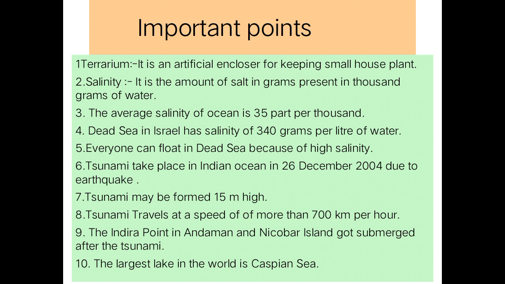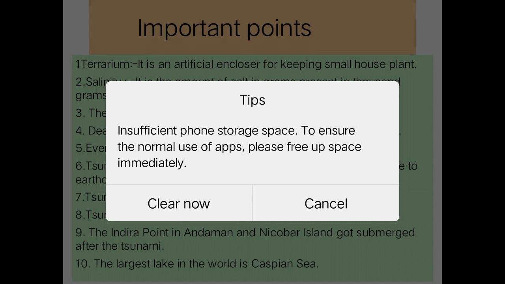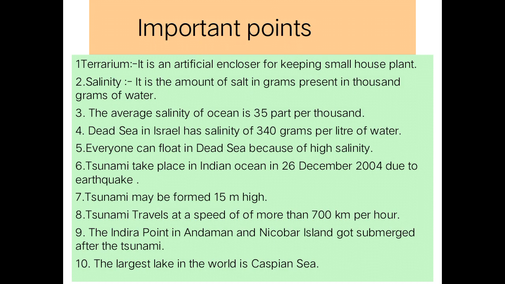The tsunami that took place in Indian Ocean on 26 December 2004, it was 150 meters high and traveled at a speed of 800 km per hour. The Indra Point in Andaman and Nicobar Island got submerged after the tsunami. The largest lake in the world is Caspian Sea.